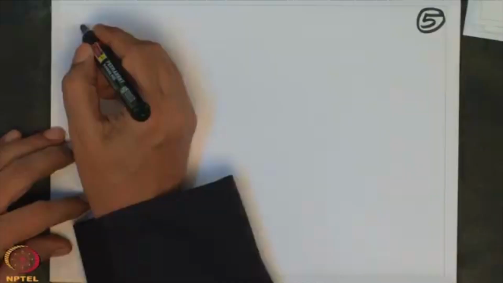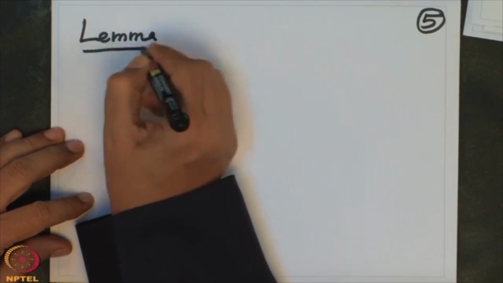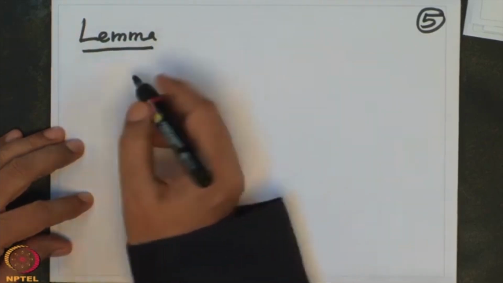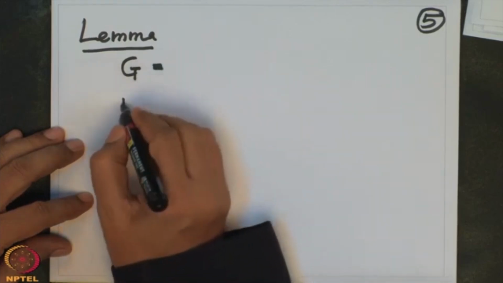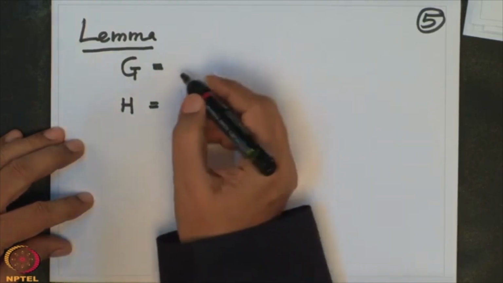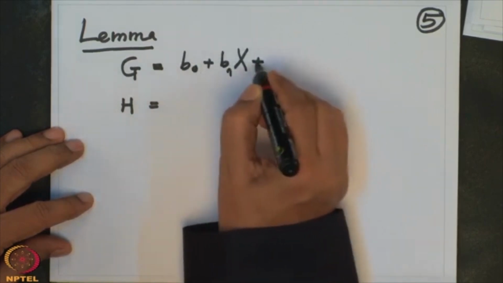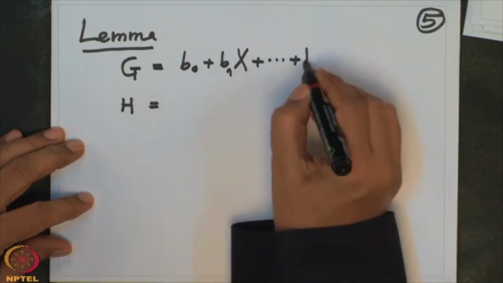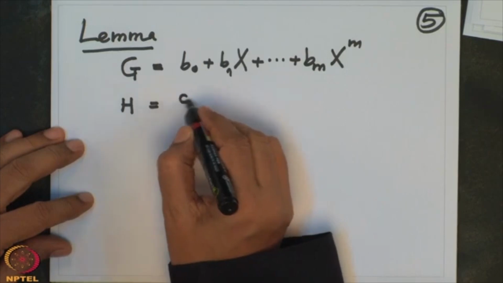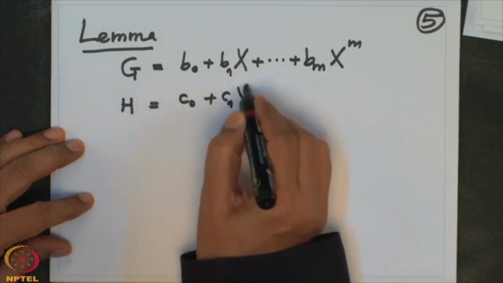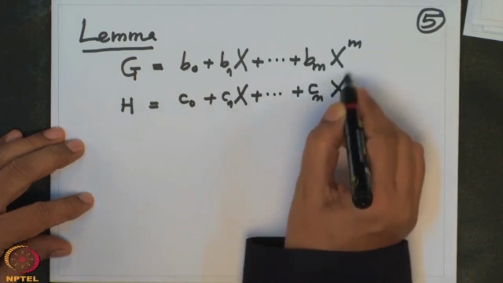So, page number 5. This is a very important lemma. I have two polynomials g and h. g is written as b0 plus b1 x plus up to bm x to the m, and h is c0 plus c1 x plus up to cn x to the n.